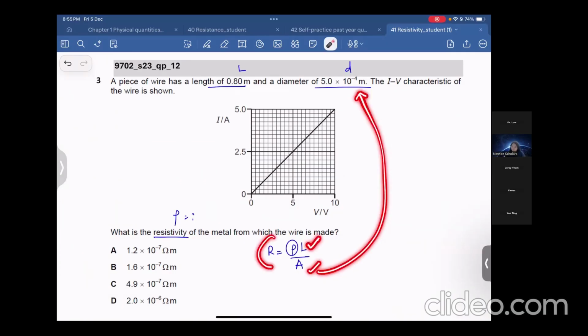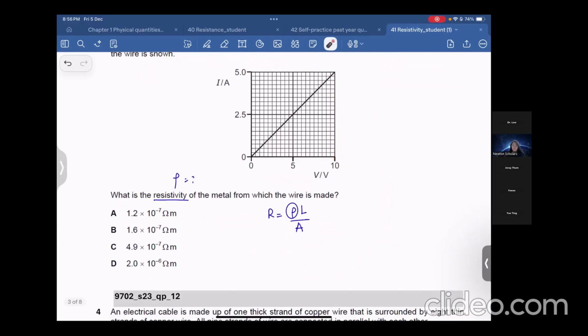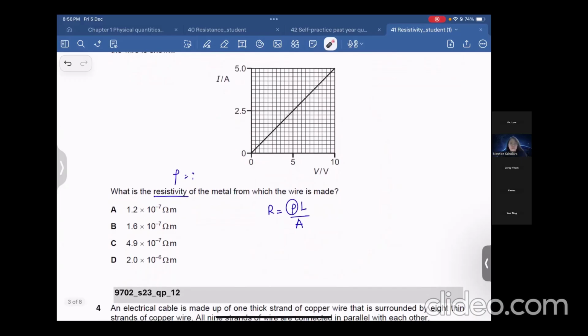Then they didn't give us the resistance. How can we solve? Where can we find the resistance? From the graph here. Why? One over the gradient, not the gradient, one over the gradient is actually our resistance. From the graph, find the gradient, one over the gradient, that is your resistance.